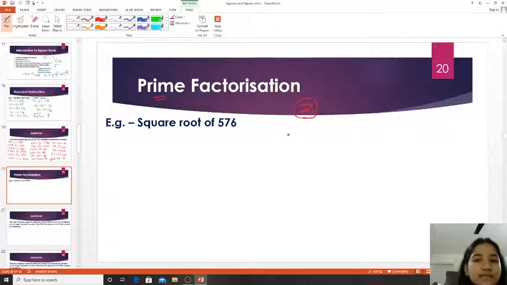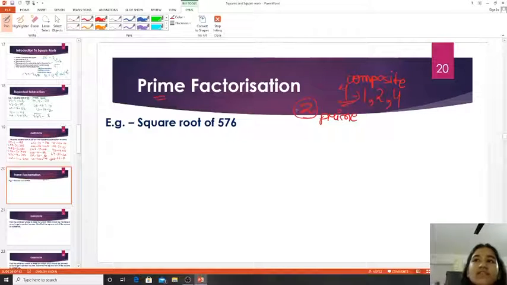And a composite number is just the opposite of prime. It is a number which has more factors, including 1 and the number itself. For example, 4. It has 1, 2, and 4. So it's a composite number. This is a composite number, and this is a prime number.